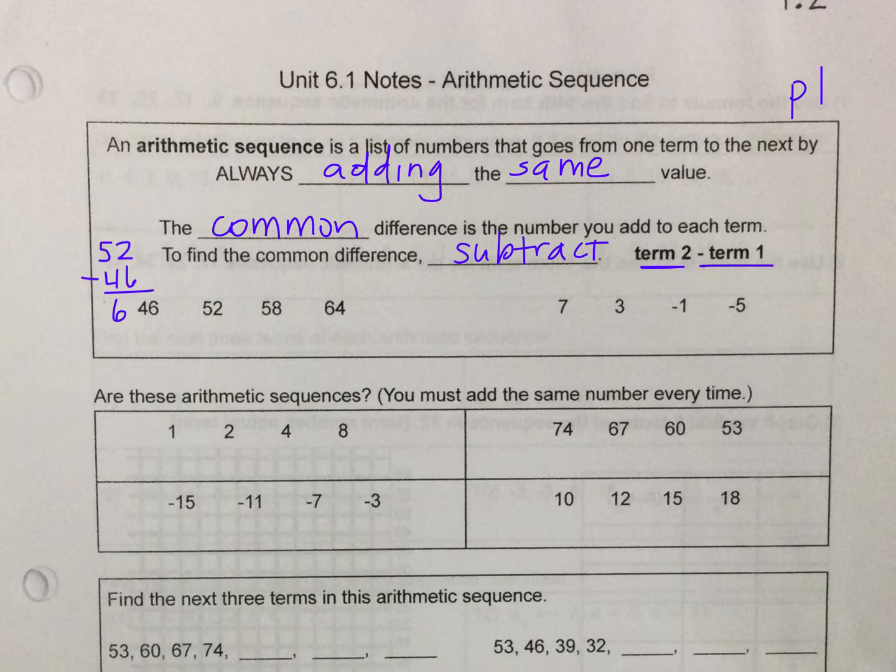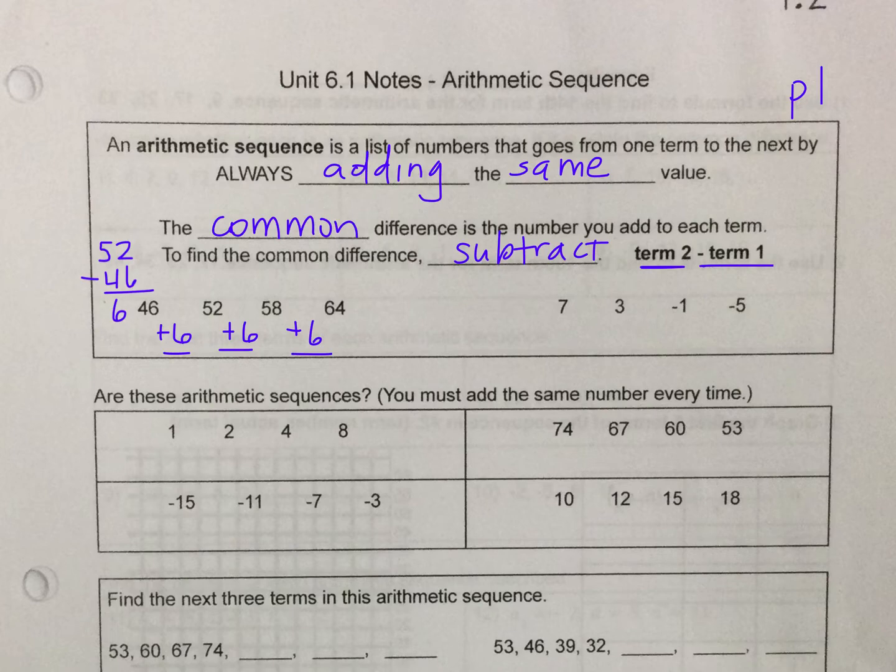So that means I'm going to add 6. 46 plus 6 is 52. 52 plus 6 is 58. 58 plus 6 is 64. Okay, so that is an arithmetic sequence. I'm adding the same number over and over again.